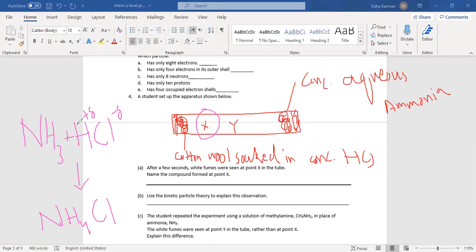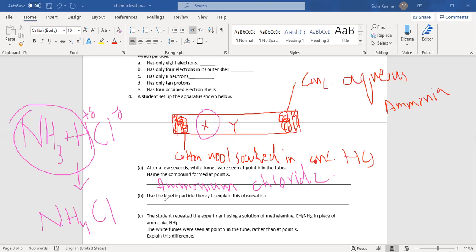So these ions will attach with this ammonia, and you will get the ammonium chloride. So the answer is ammonium chloride.